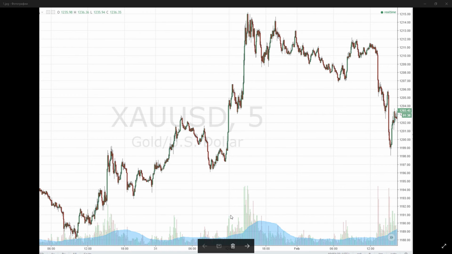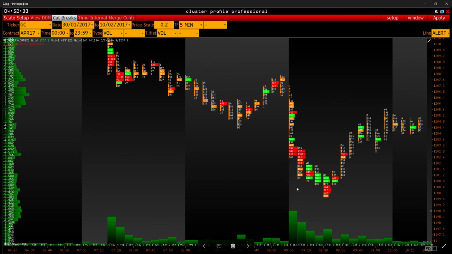Why is this interesting? Because with volume analysis we can see why price goes up. Now I will show you just this point where we received support, real support, not a visual support line, but money support. Look what was here. Here was protection.